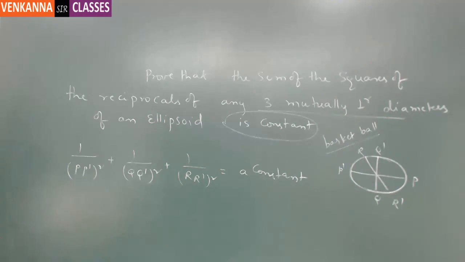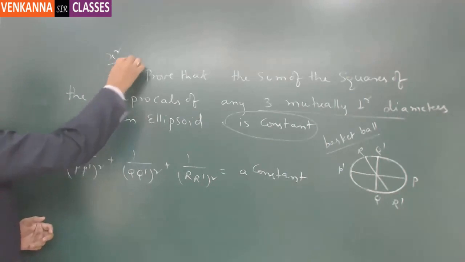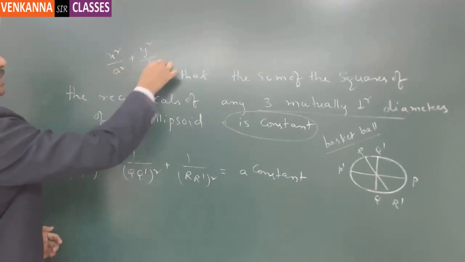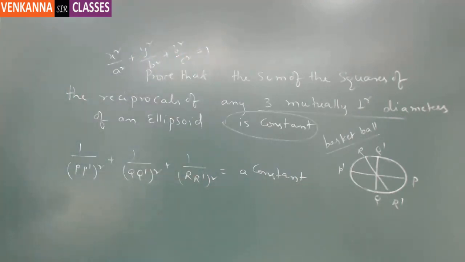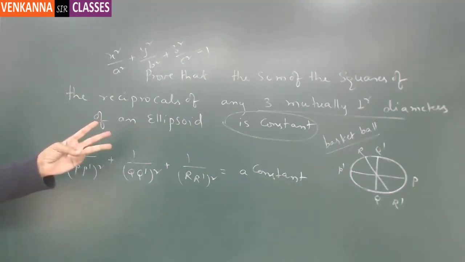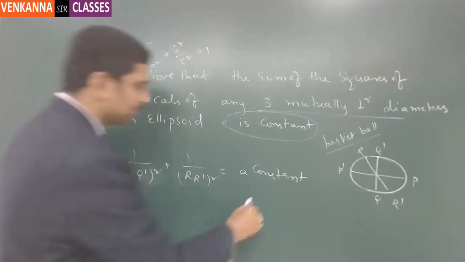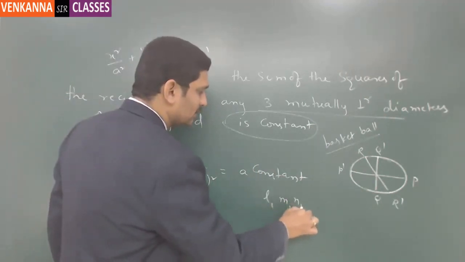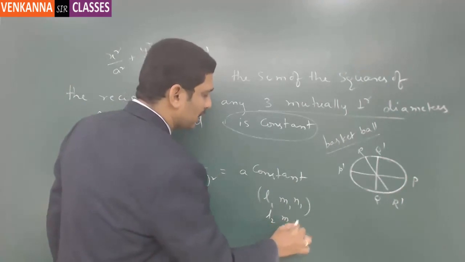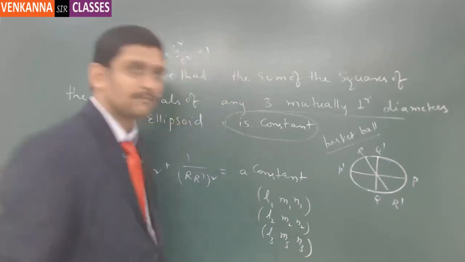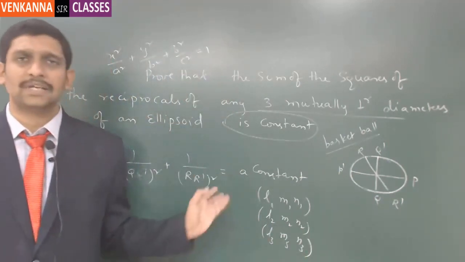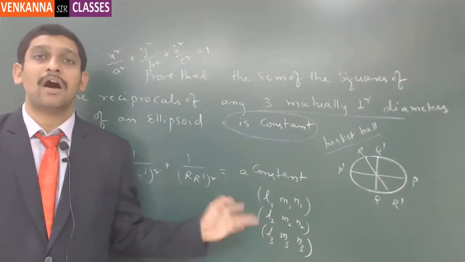Right. Now let us consider the ellipsoid equation. It is x square by a square plus y square by b square plus z square by c square is equal to 1. The equation of the ellipsoid. Since we have taken three diameters, let us take the DCs for them: L1, M1, N1, L2, M2, N2, and L3, M3, N3. These are the DCs of the diameters P, P dash, Q, Q dash, and R, R dash.